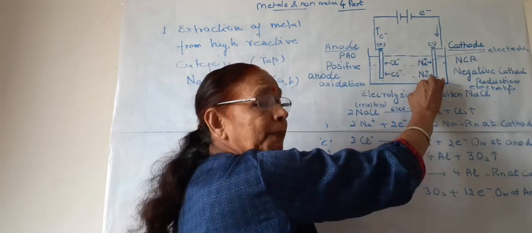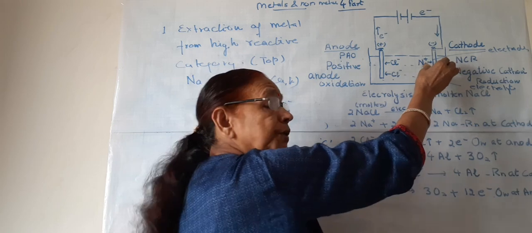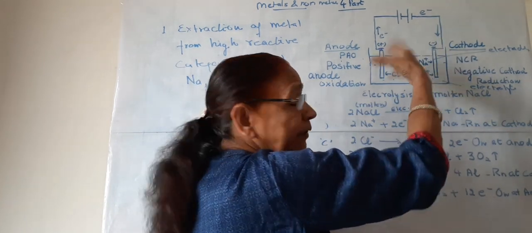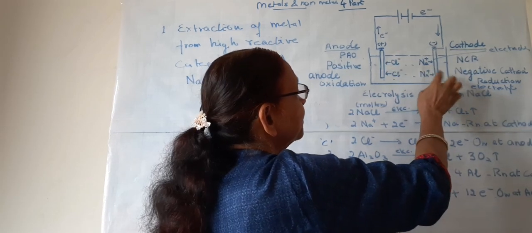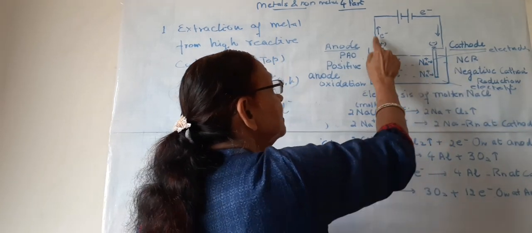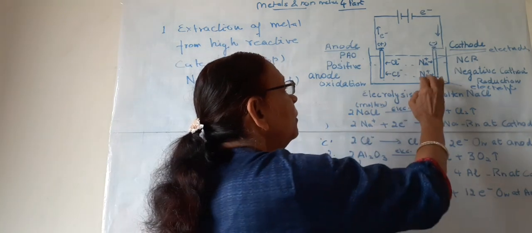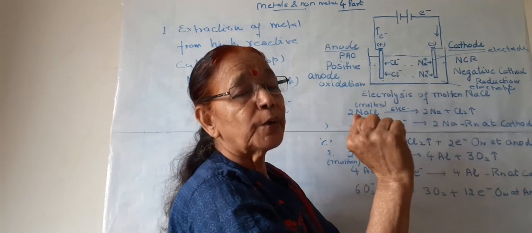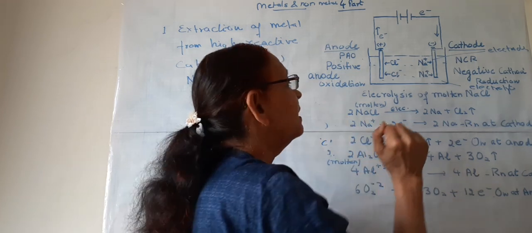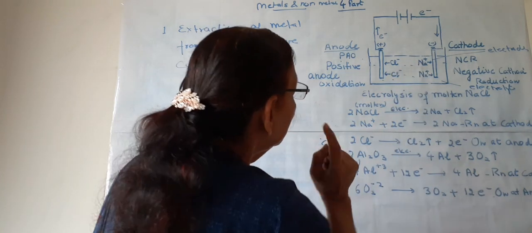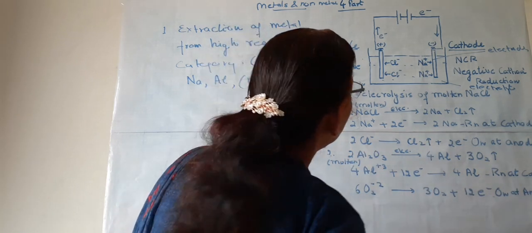Sodium metal is deposited on the cathode, and chlorine gas is released at the anode. This is how extraction of sodium, or reduction of NaCl, is done by the electrolytic method.